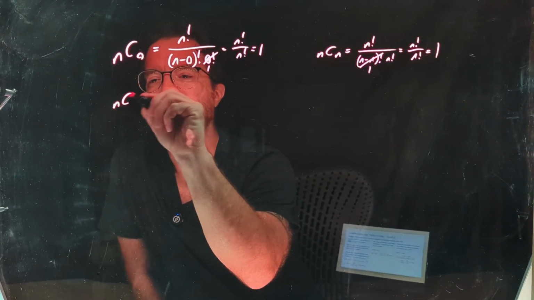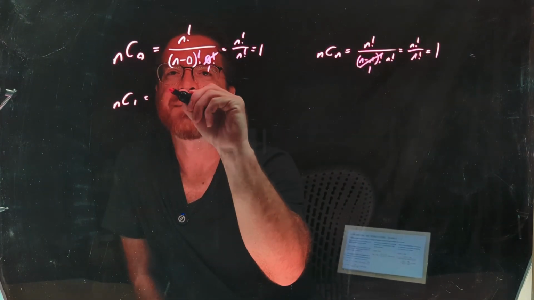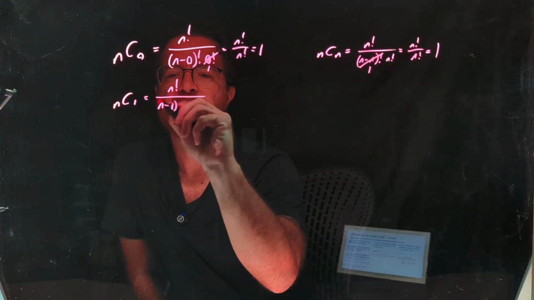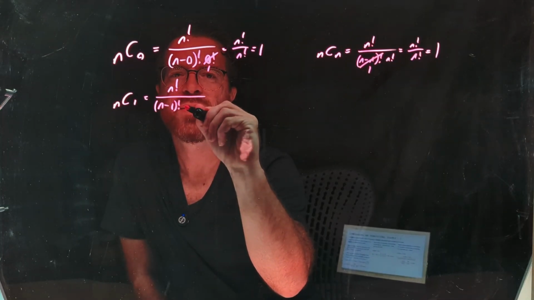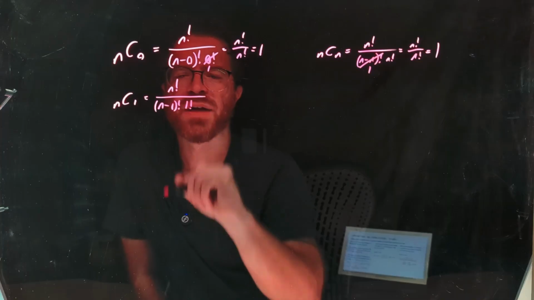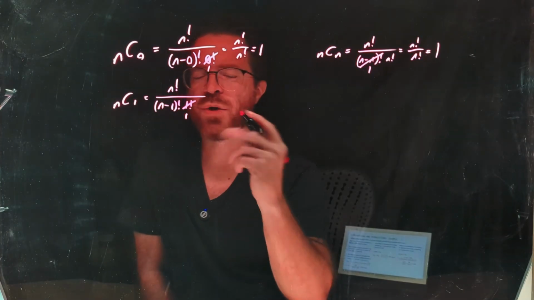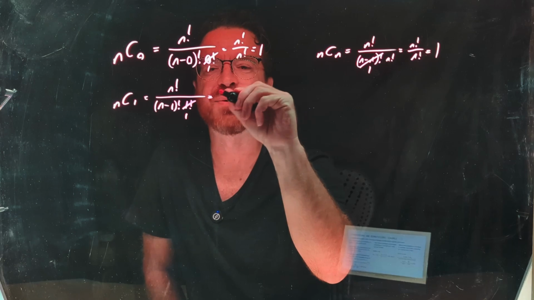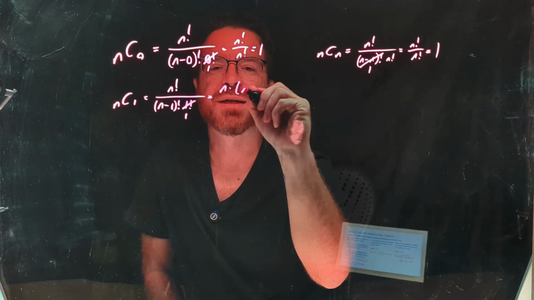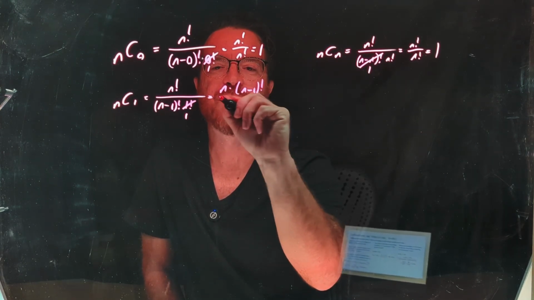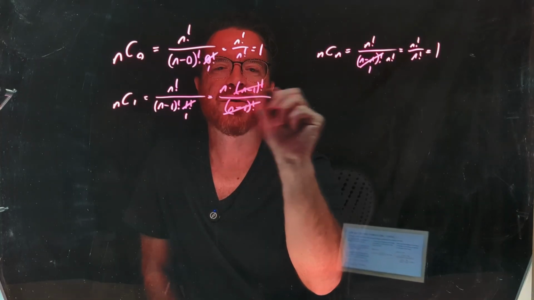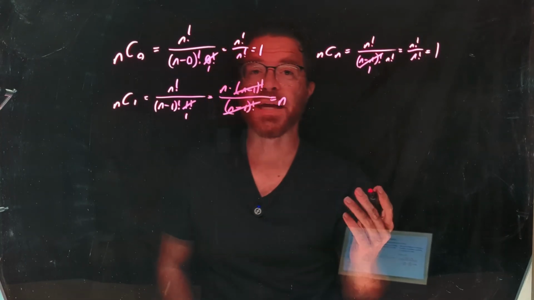If I did n choose 1, this would be the same thing as n factorial over n minus 1 factorial, 1 factorial. Again, 1 factorial is just 1. I'm going to put my n factorial in terms of n minus 1 factorial. So this would be n times n minus 1 factorial over n minus 1 factorial, which leaves me with n.